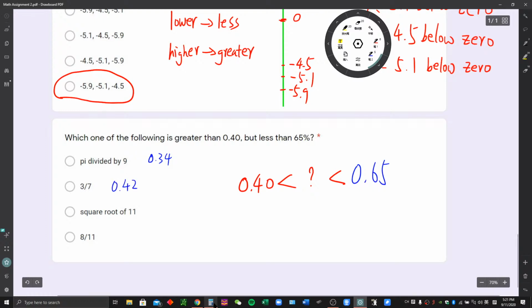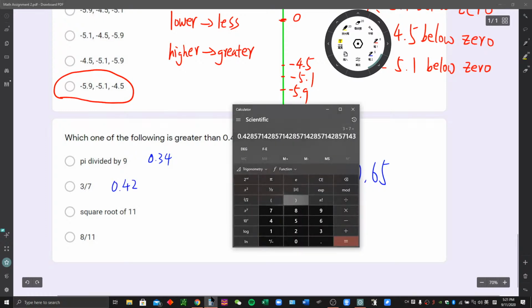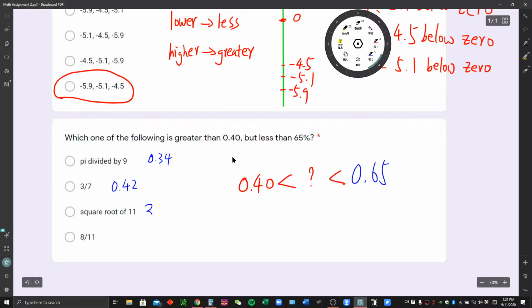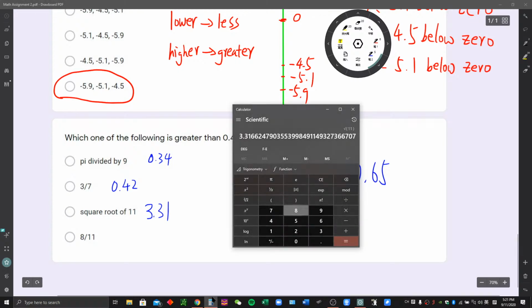And third, square root of 11. So let's do square root 11, and then we press the square root button, and it tells us 3.31. This is 3.31. And last, it's 8/11. And that's going to be 0.72.